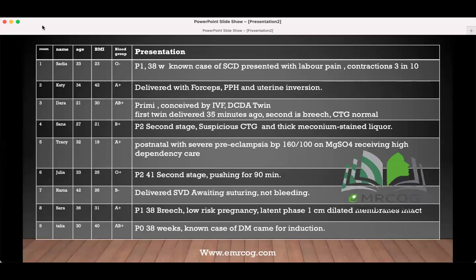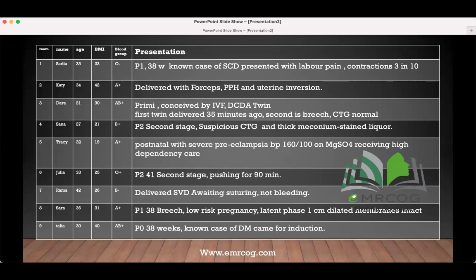So next is Dara. She is primary, a DCDA twin in second stage of labor. The first twin is delivered, the second twin is breech with a normal CTG. However, there is already a delay in delivery of the second twin, so it's also urgent, and will be attended by my consultant with a pediatrician on board.